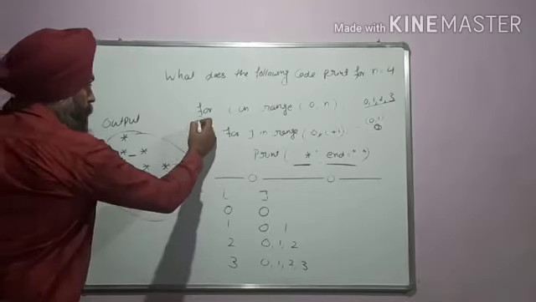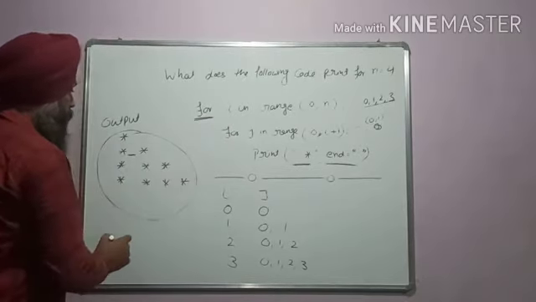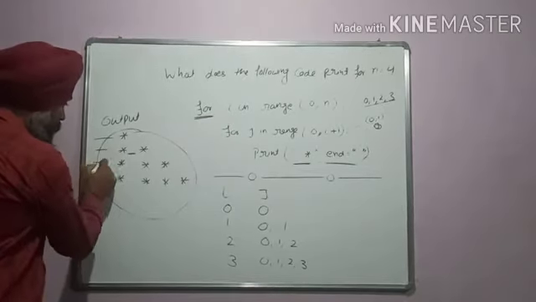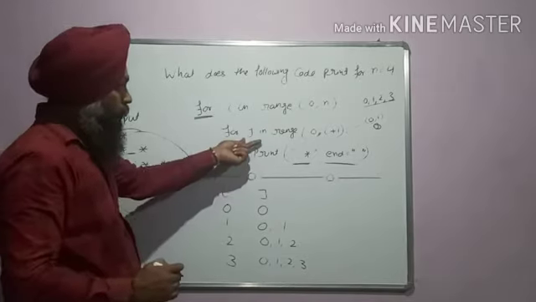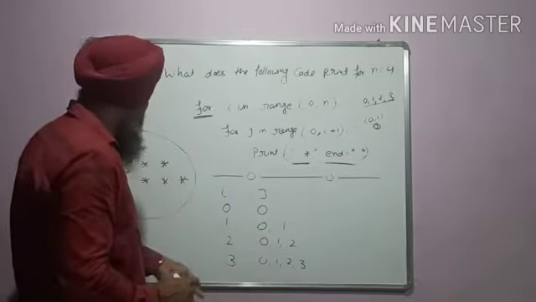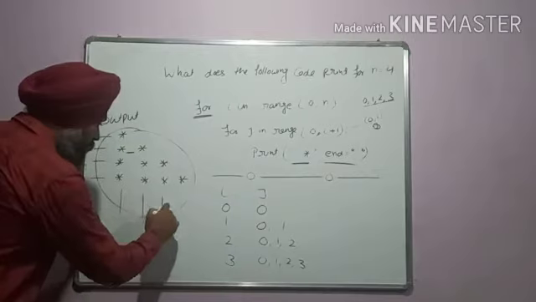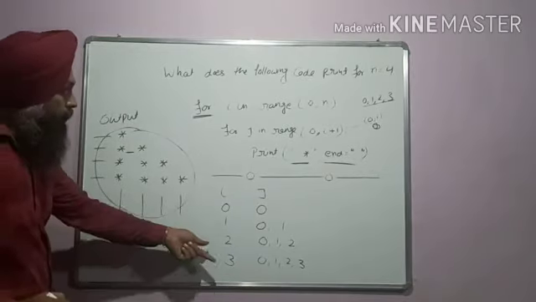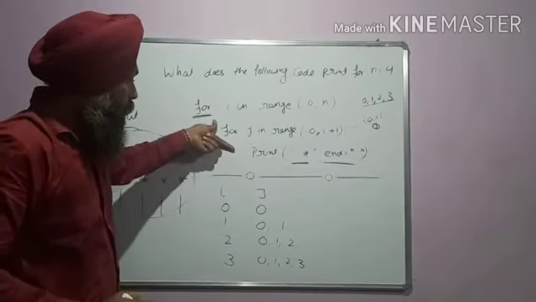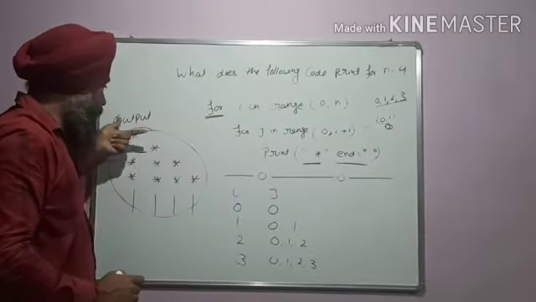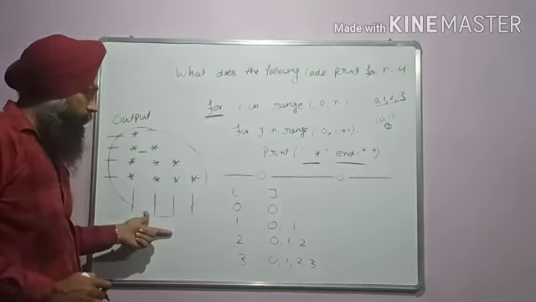Here the first for loop is for the number of rows and the second loop is for the number of columns. So in this way, with the nesting of for loops, we can create any type of pattern.